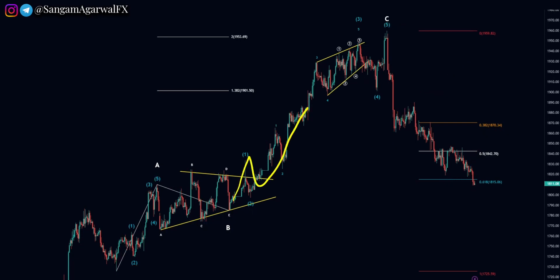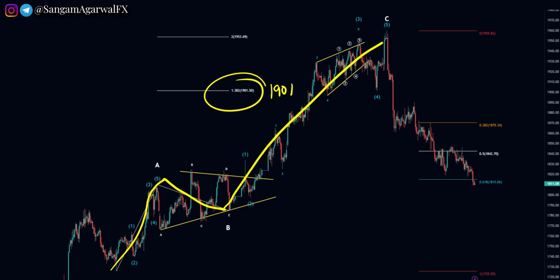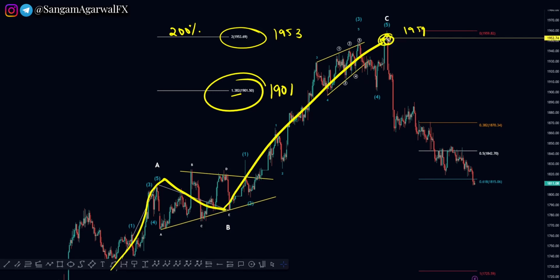And to verify this wave counting in advance, for wave C, our extension is 1901, that was 38% projection. Then that was 200% projection at 1953, but the top was 1959, and you can see the H4 candlestick was showing a strong rejection above 1952.